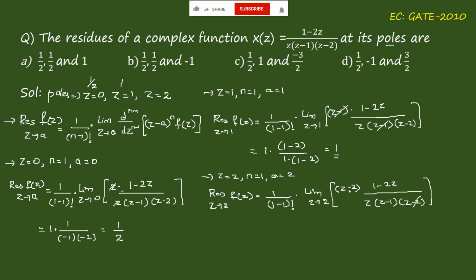These two get cancelled, and 0 factorial is 1, so it becomes 1 into, substituting 2 here, 1 minus 2 into 2 by 2 into 2 minus 1, which is equal to minus 3 by 2. So for this one we got minus 3 by 2. So it is satisfied in option C. Answer is C. Next question.